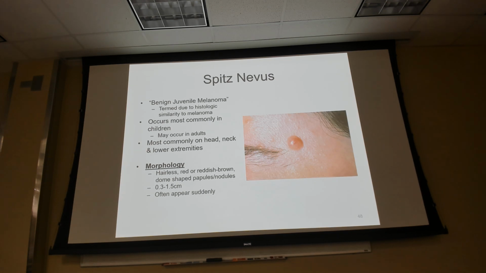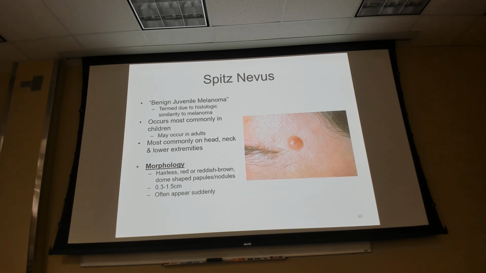Occurs most commonly in children, which is why it's called the juvenile one, but it could also happen in adults. Where we see these things would be on the head, neck, and lower extremities. Hairless, red or reddish brown, dome-shaped papules and nodules, the size of 0.3 up until 1.5, and often appear suddenly.